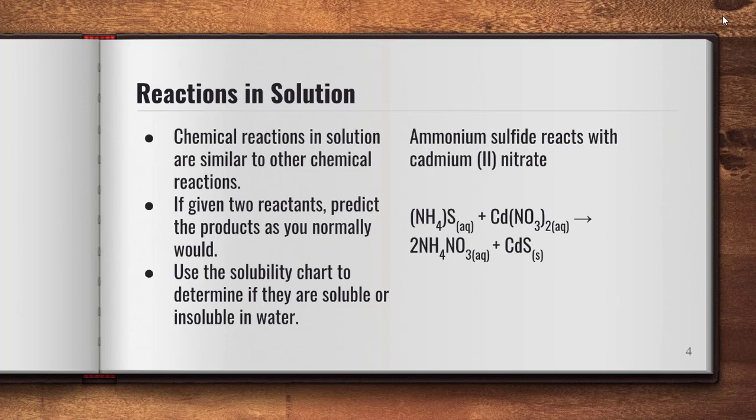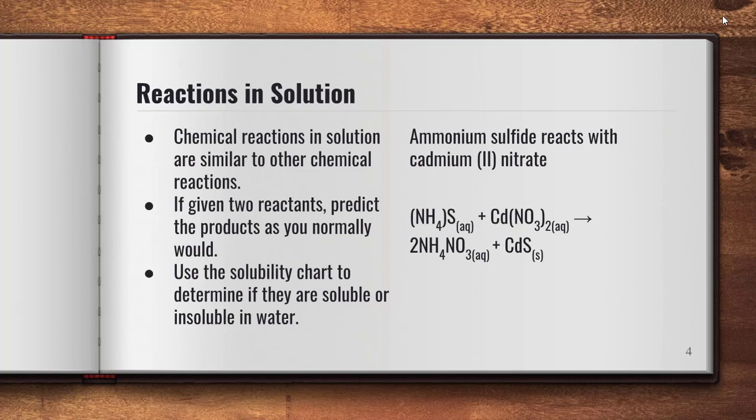The next thing we do is we look at the solubility chart to determine whether they are soluble or insoluble in water. So if we look at (NH4)2S on the solubility chart, that tells us that it is aqueous in solution, so it will dissolve, it will break apart, it will dissociate in water. Cadmium nitrate does the same thing. All nitrates are soluble. If we look at the products that are produced, one of the products is aqueous, ammonium nitrate, which dissociates completely in solution.